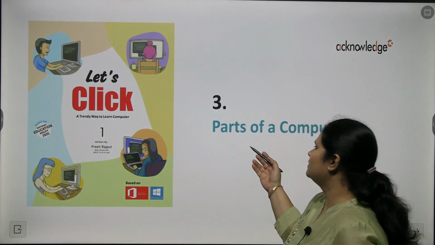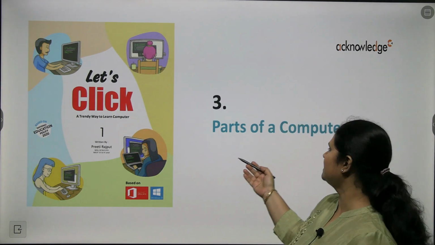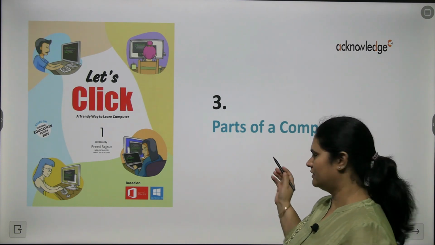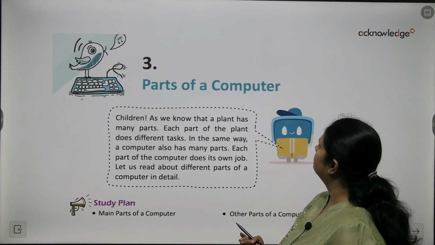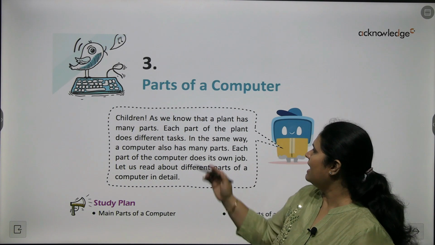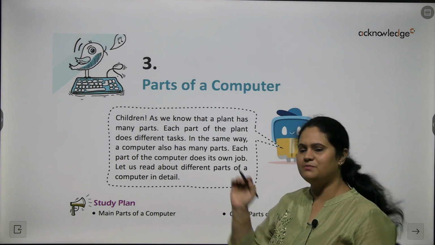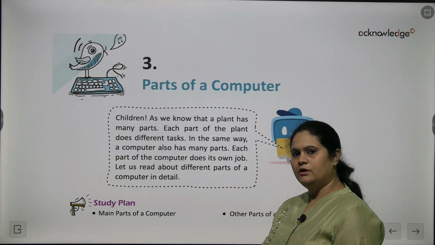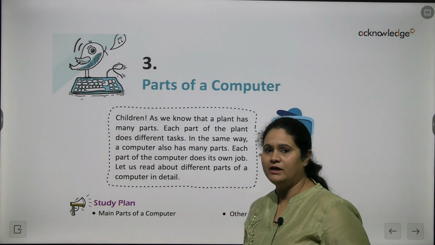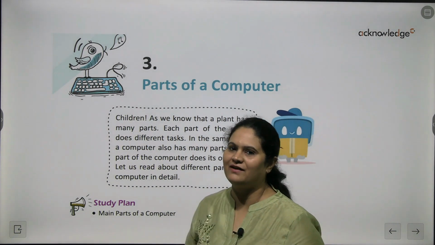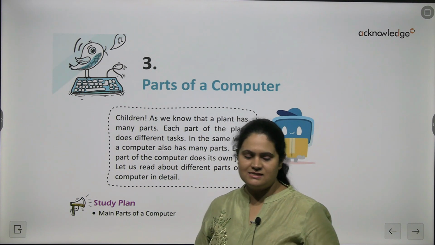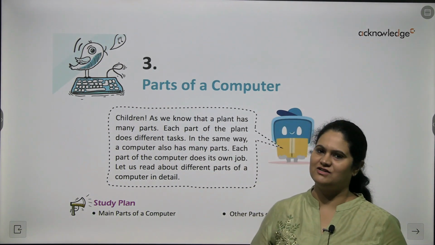Now let's come to the third chapter, which is parts of a computer. Now children, as we know that a plant has many parts, also you have many body parts and each body part that you have is used to perform different functions, right?